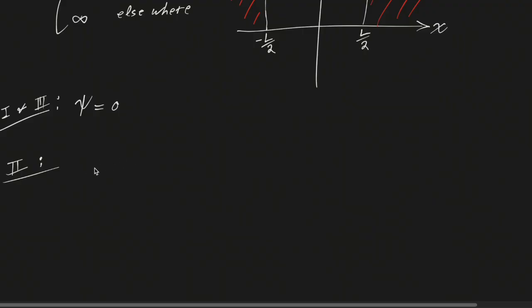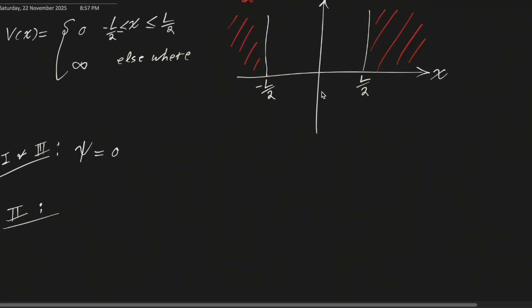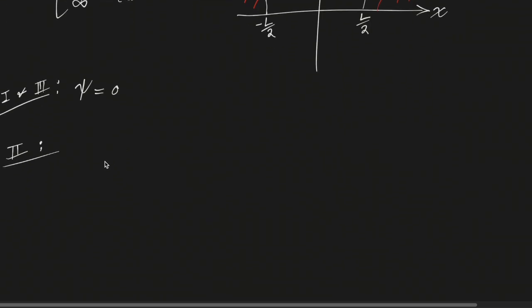And following the similar derivation we did earlier within the asymmetric potential well, which went from 0 to L, we had d squared psi by dx squared is equal to minus k squared psi, where, if you remember from earlier, k squared equals 2mE divided by h bar squared.